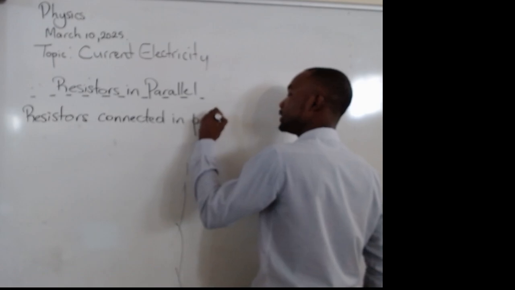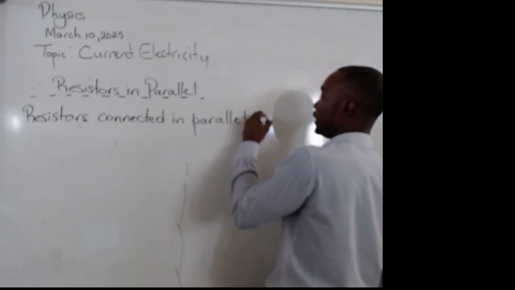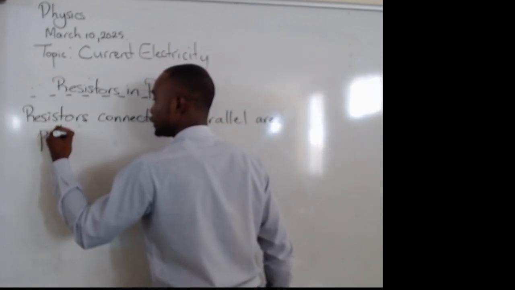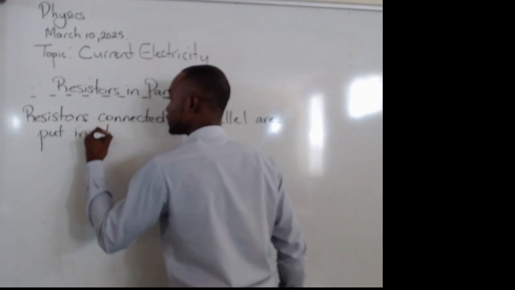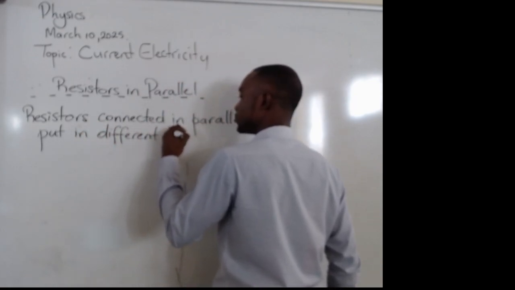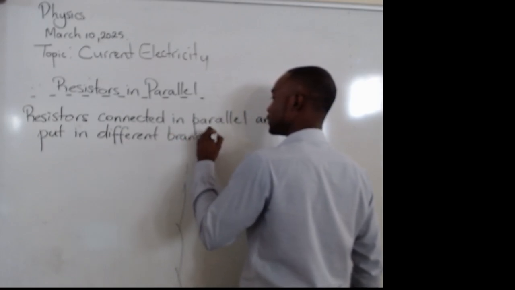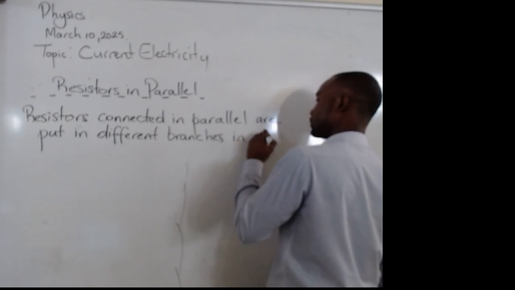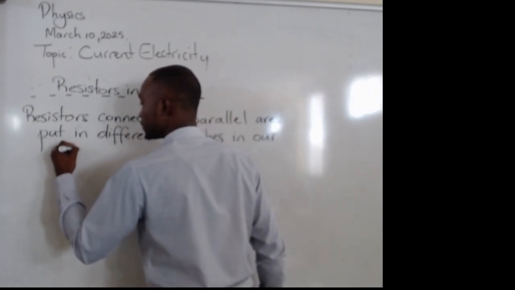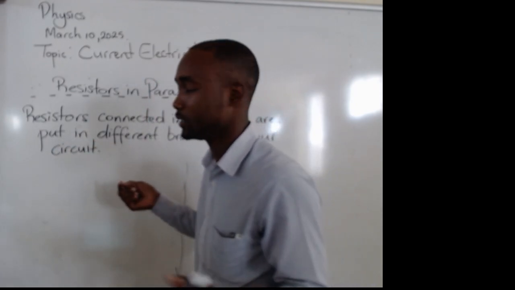So resistors connected in parallel are put in different branches in our circuit. This means that they can receive different current also.